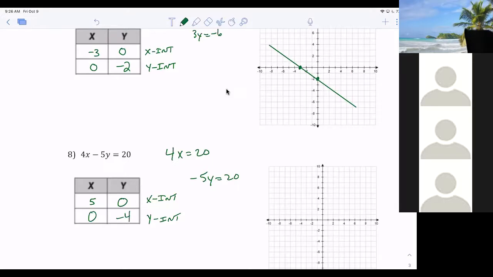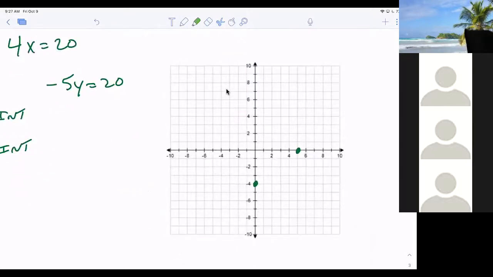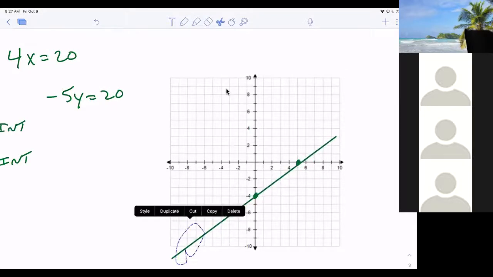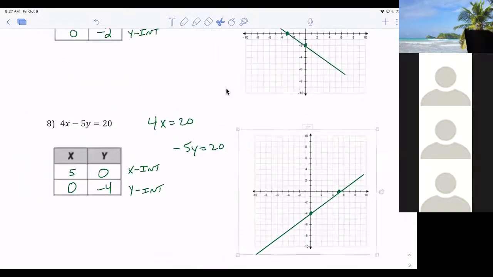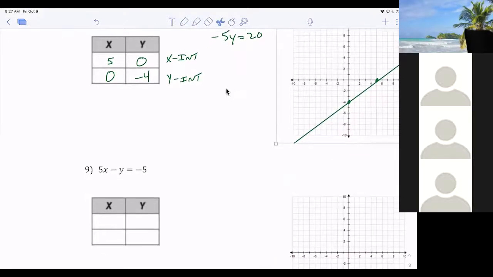There you have it. So now we're going to plot (5, 0). And then we're going to plot (0, -4). Then we're going to graph those lines. That's not too bad, right? That's not too bad at all.